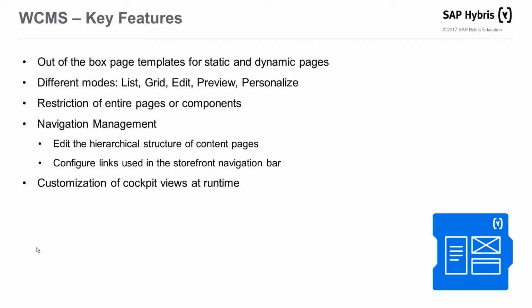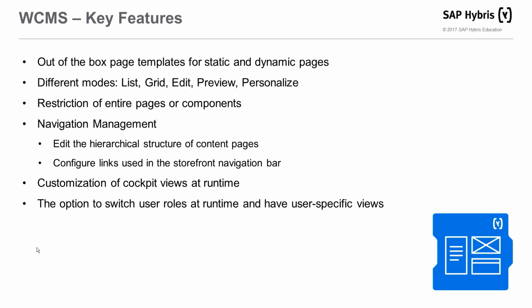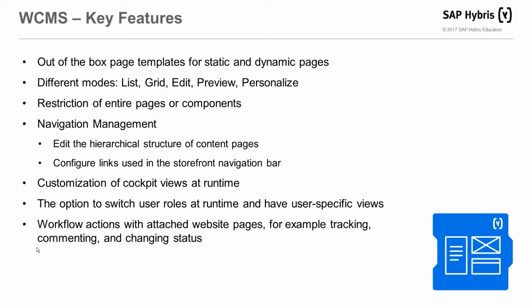You can also customize the cockpit views at runtime by, for instance, adding or removing list columns, sections, or fields. Or you can assign user roles at runtime and use role-specific views to control what is shown to whom. WCMS allows you to attach workflow actions to website pages, for example, to track, comment, or change status.